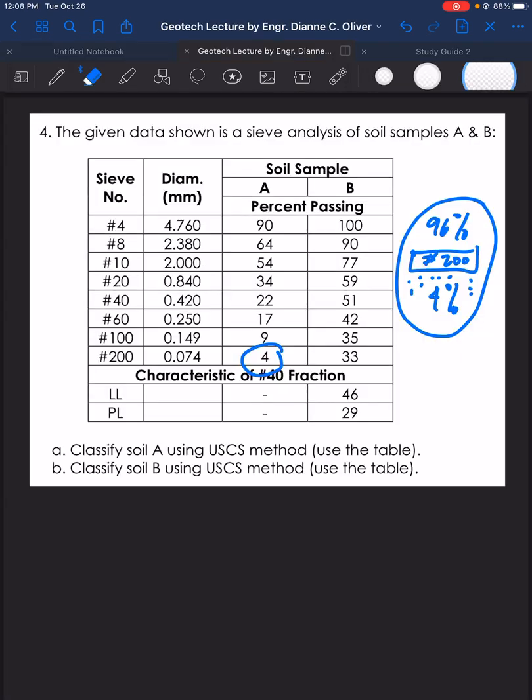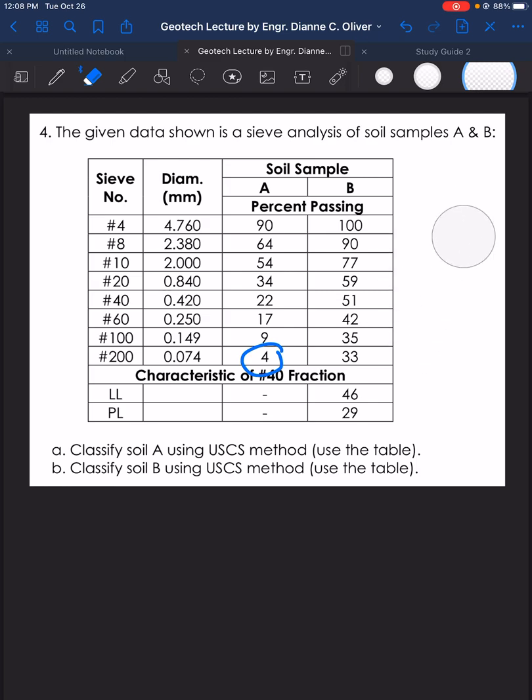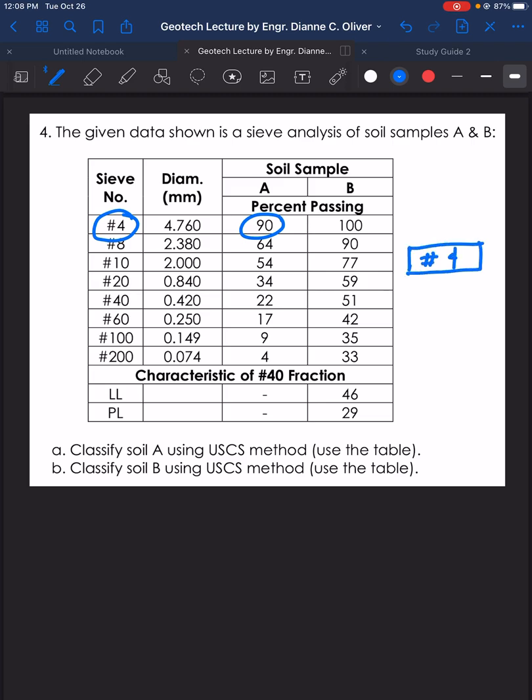So again, let's have a look for number 4 sieve. So it's this one. Number 4 sieve, it says there, percent passing is 90%. Meaning, in number 4 sieve, 90% passes it, or 90% finer material, and what's left or retained is 10%.